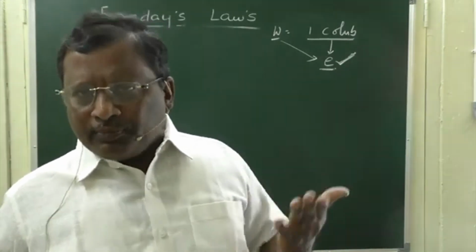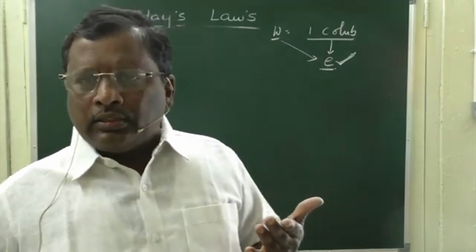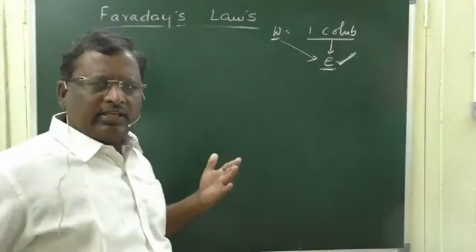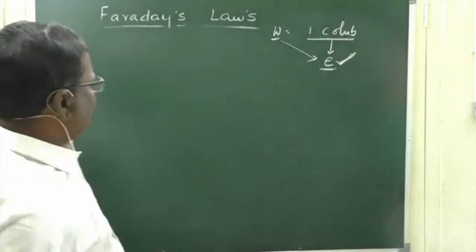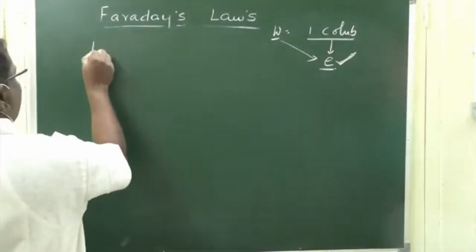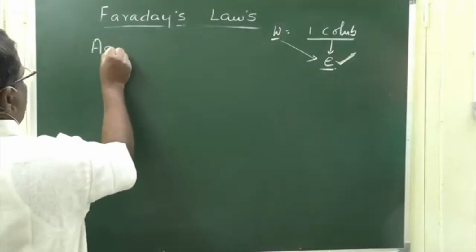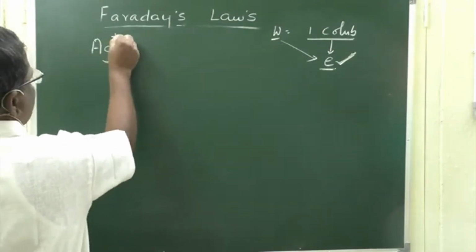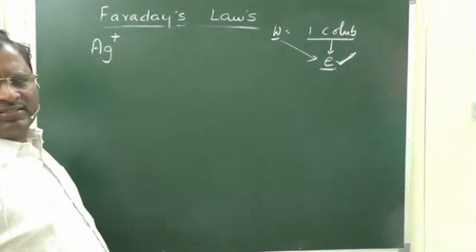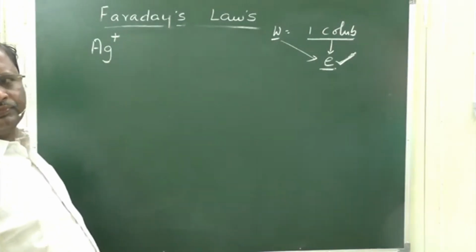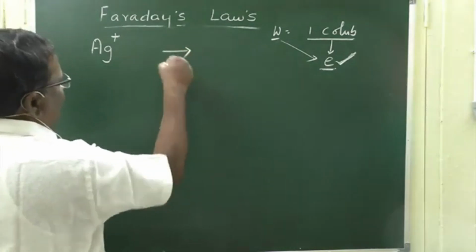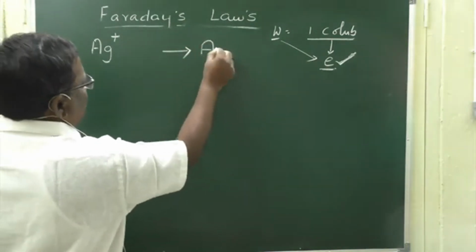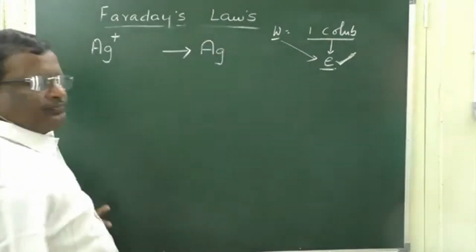For that purpose, let us see how an atom is deposited at an electrode. For example, take silver in silver nitrate solution; silver is in the form of Ag+ ions. Whereas in electrolysis, at the cathode, it is deposited as Ag.